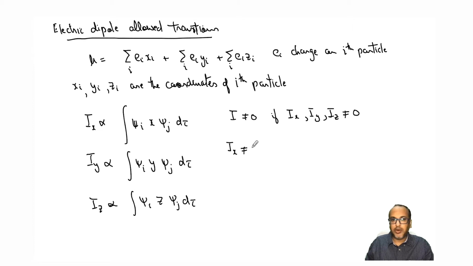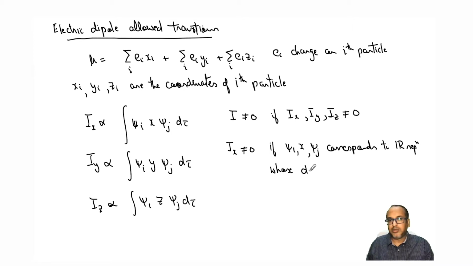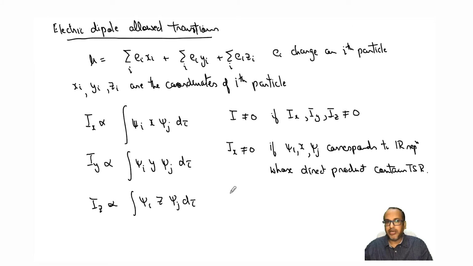So Ix will not be equal to 0 if psi i, x, psi j correspond to IR representations whose direct product contains the totally symmetric representation, and similarly for Iy and Iz.